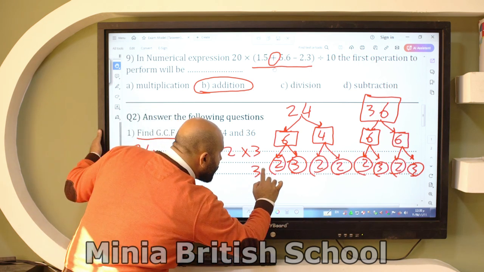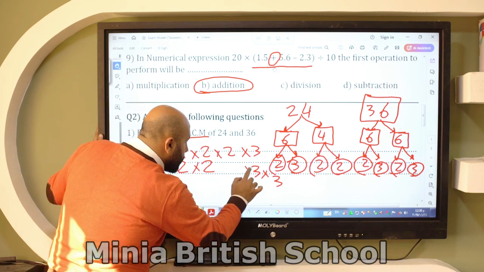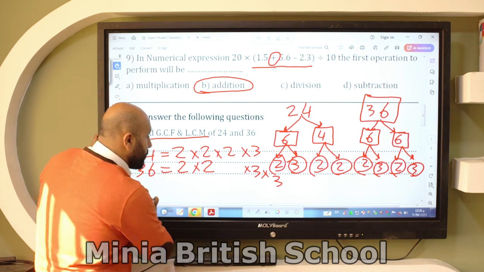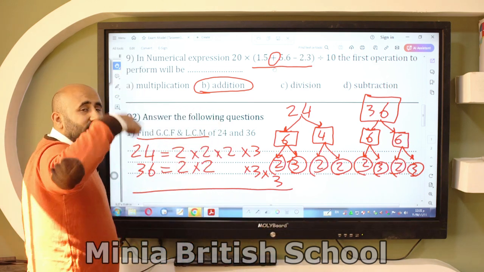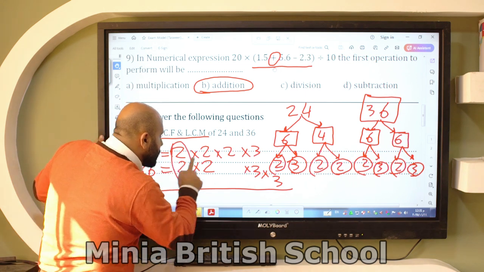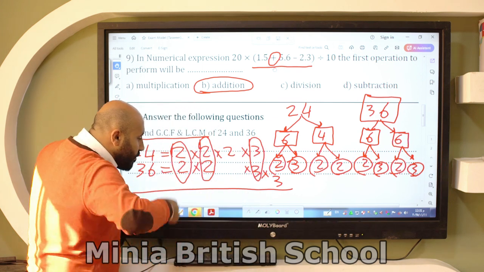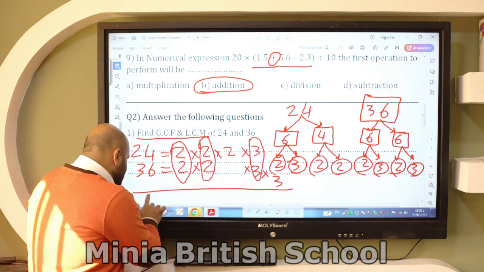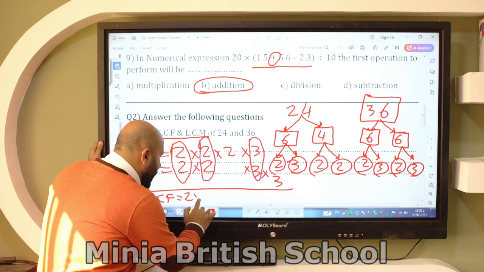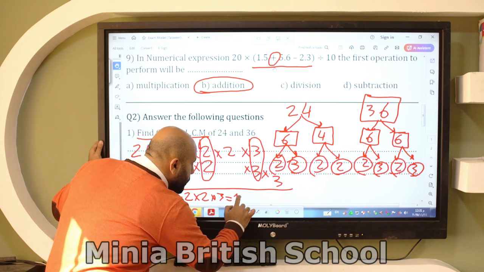And the final times 3 will be outside. This is the 36. And how to organize them? When we say GCF, put them inside circles, just like those. Circle the common factors. I want the GCF. The GCF, in this case, will be 2 times 2 times 3, which equals 12.